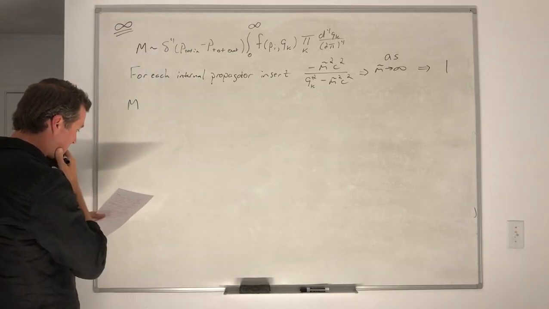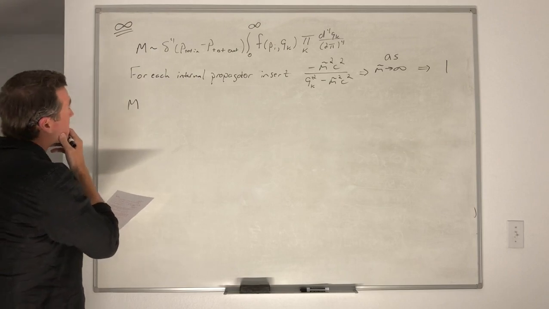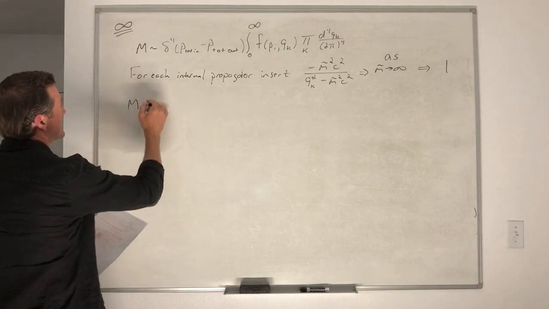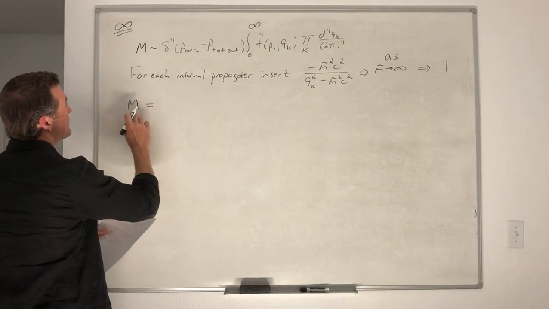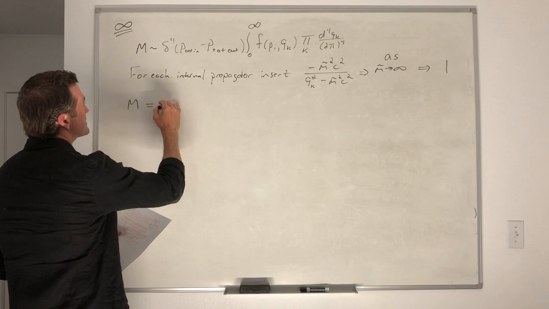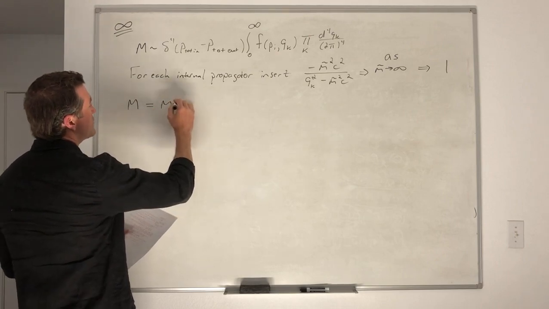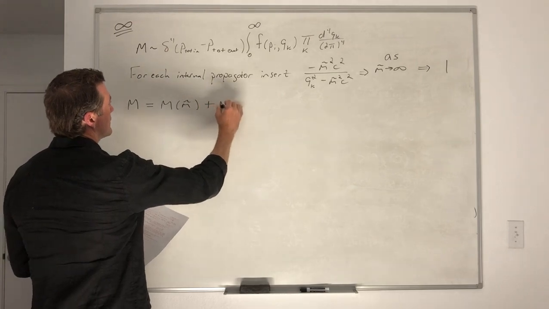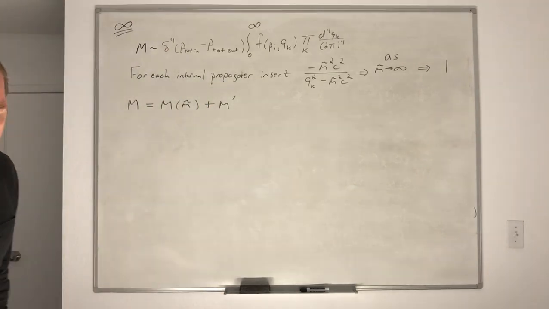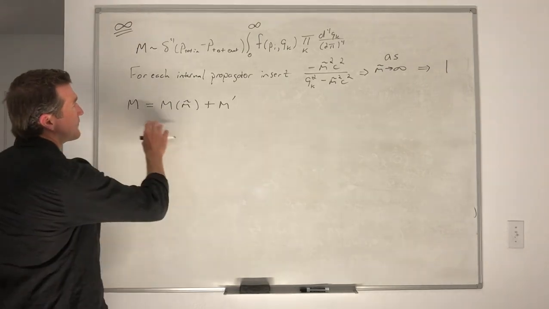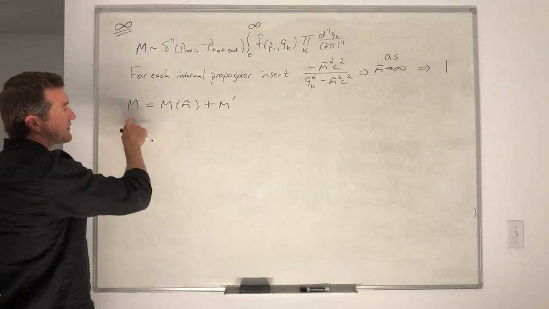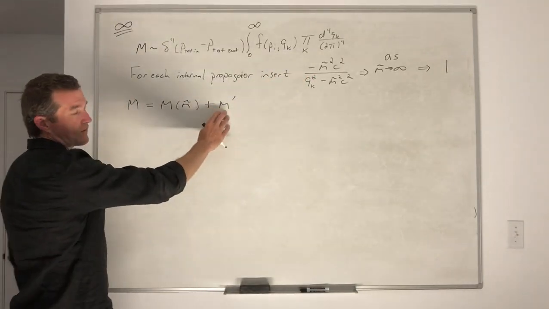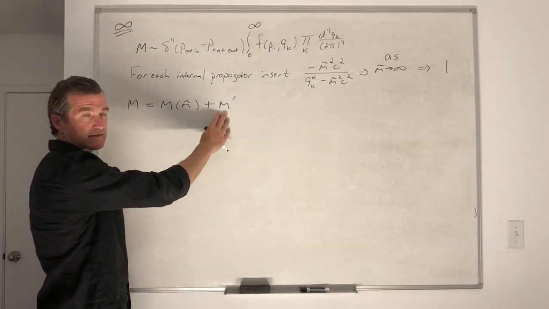Let me think about how I want to say this. If we're very lucky, then our amplitude M is going to break up into two pieces, and this is the entirety of our amplitude M. One of which depends on this mass, and one of which doesn't.